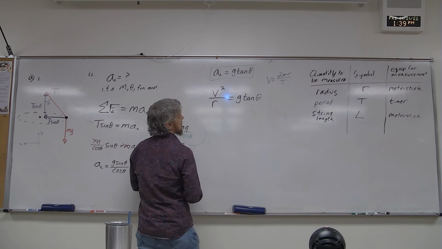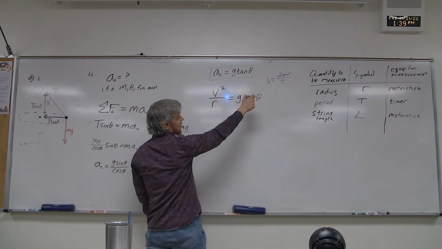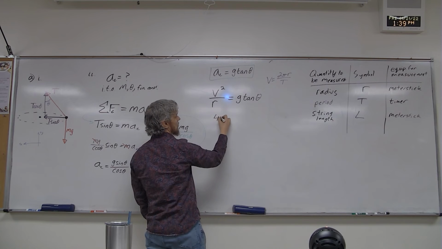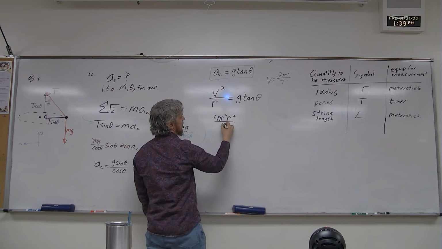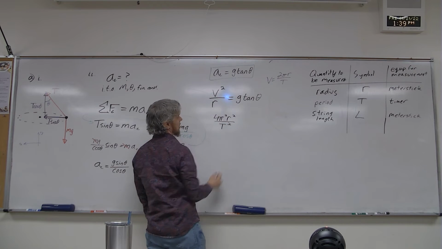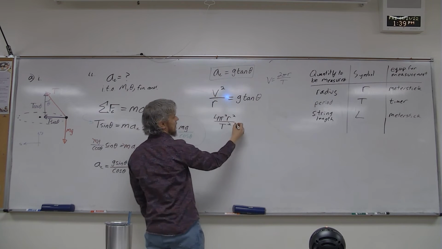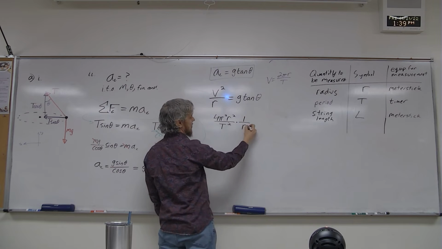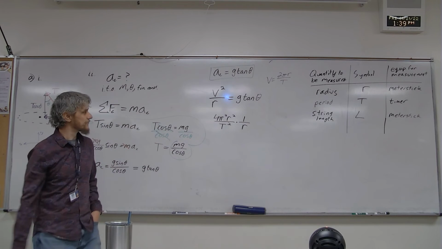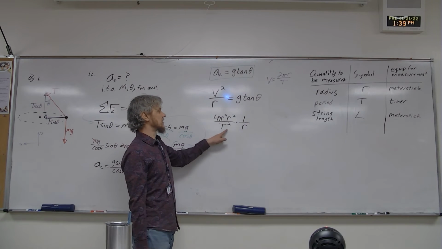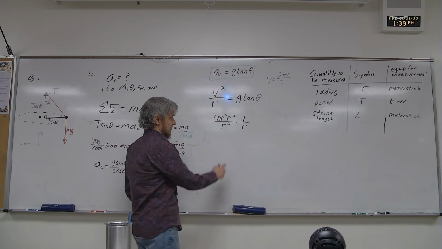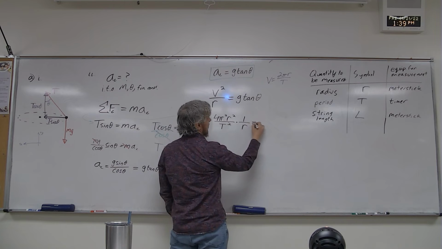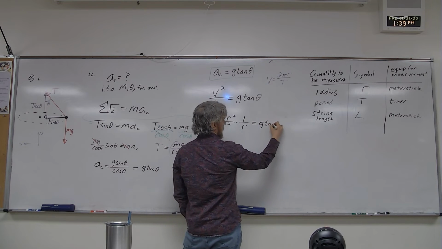When I square 2 pi r over t, I get 4 pi squared r squared over the period squared. So that's v squared. And then I still have the r in the denominator. I like writing it like that. I know it should still be in the denominator, but it's a compound fraction. It's kind of gross to think about, so I got that on the left side. And that's going to be g times the tangent of theta.